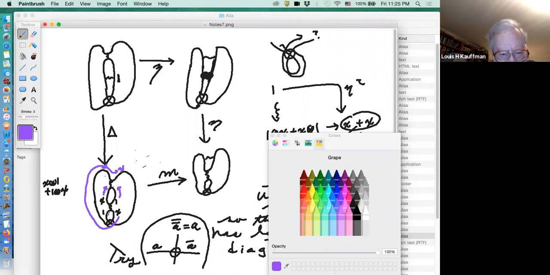And this 1 will also be going through the virtual crossing. Pardon me, it goes crossing over, but it goes through the virtual crossing, and it ends up over here with the 1. So, sorry.